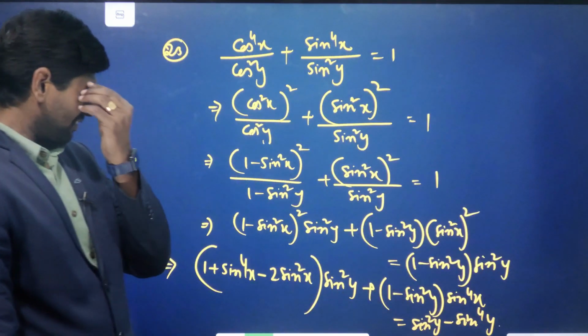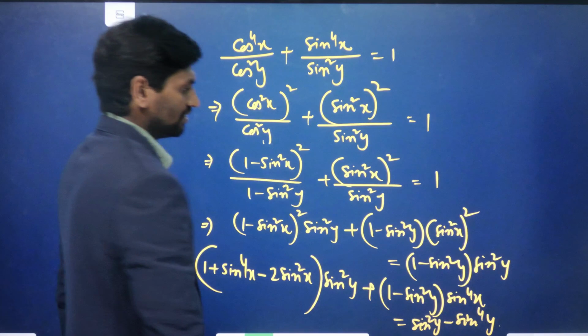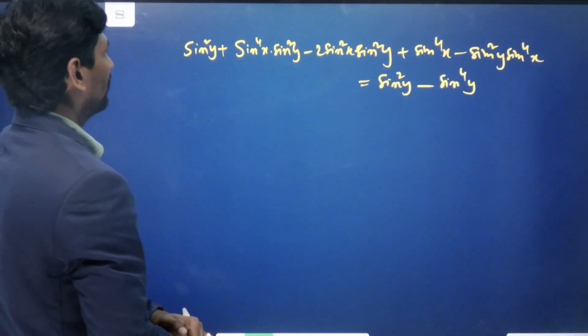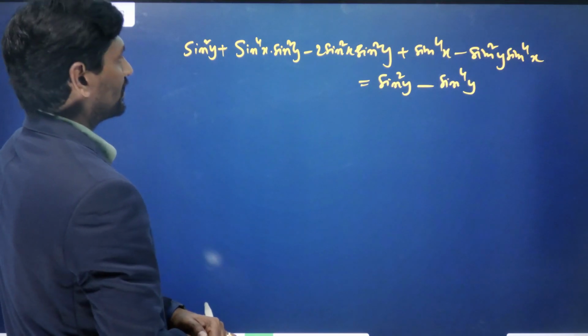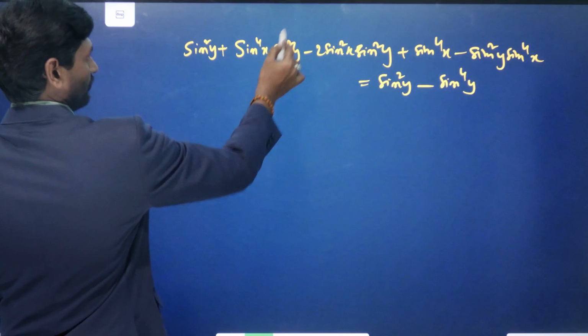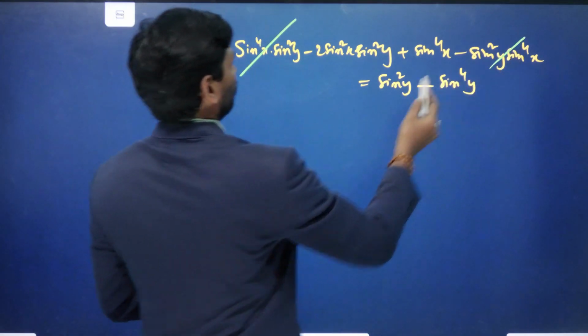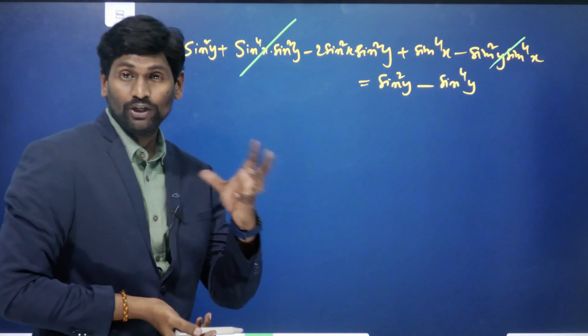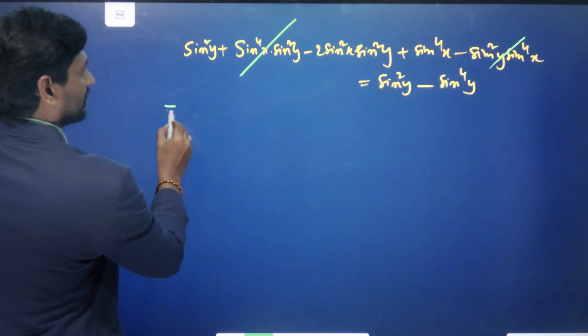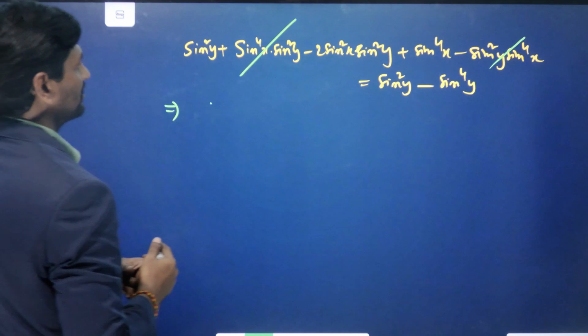So everything we have written, right? Let us simplify this. Sin power 4x sin square y, this term, second term and fifth term, both are same with negative symbols, we can cancel it. What are the remaining? Any cancellation still?